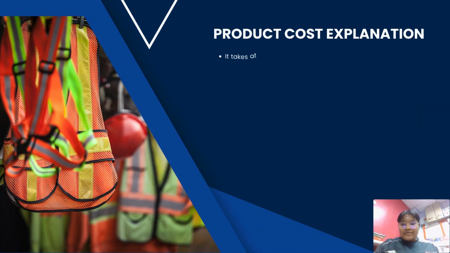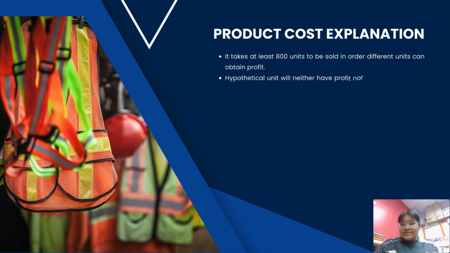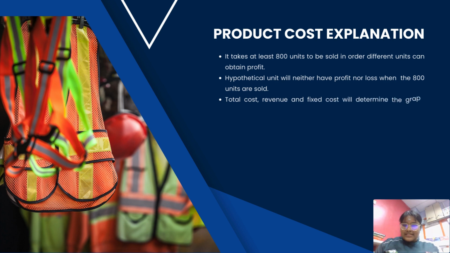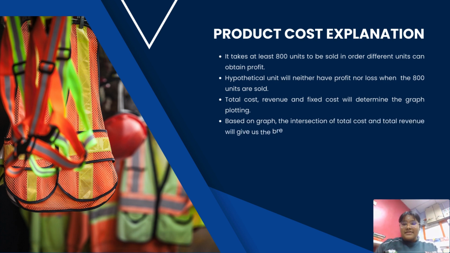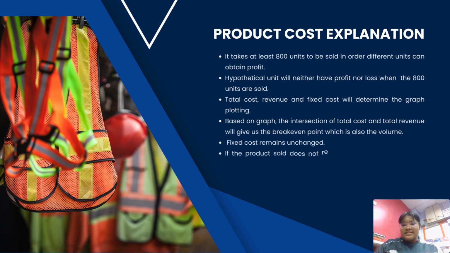Hi, I'm Trisha. Today I'm going to explain the product cost explanation. The product we selected was the Smart Engineering Lab Jacket, and the hypothetical values were given, and the graph was also drawn for the cost based on the analysis. As we can see from the graph and the calculation, it takes at least 800 units to be sold in order to obtain profit.